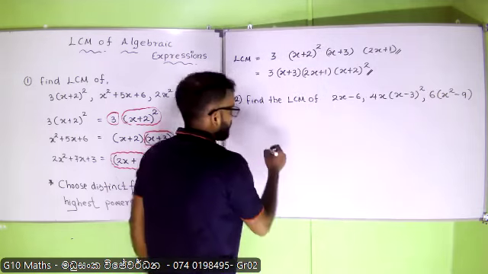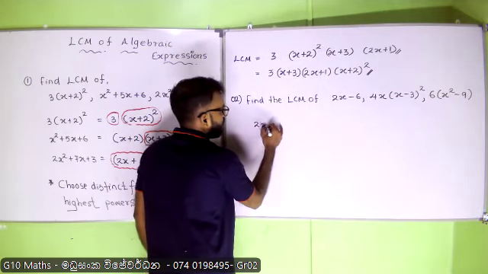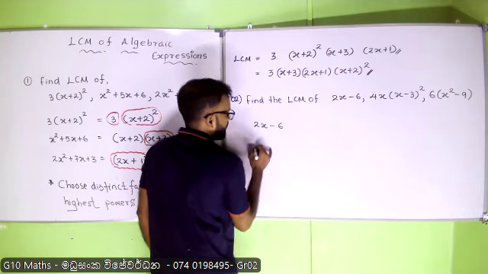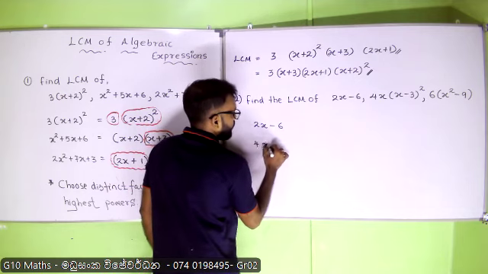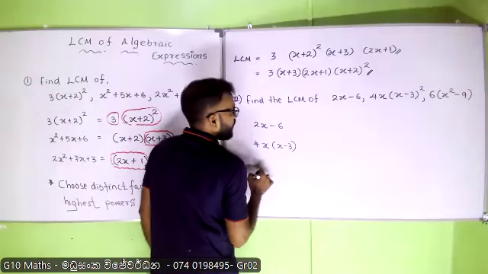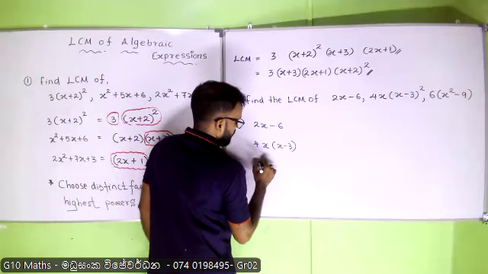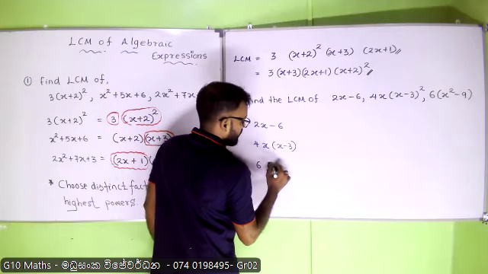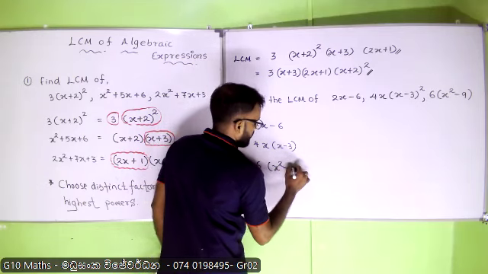So now you need to factorize 2x minus 6, 4x times (x minus 3), and 6 times (x to the power 2 minus 9).